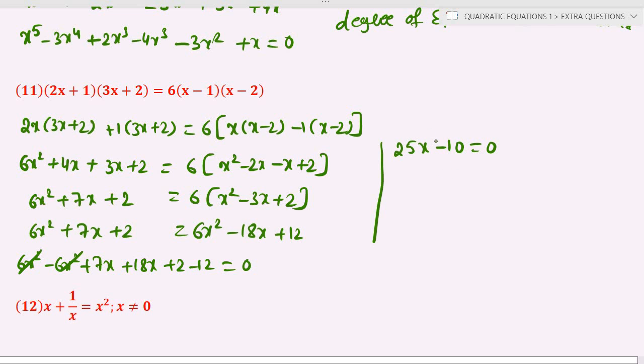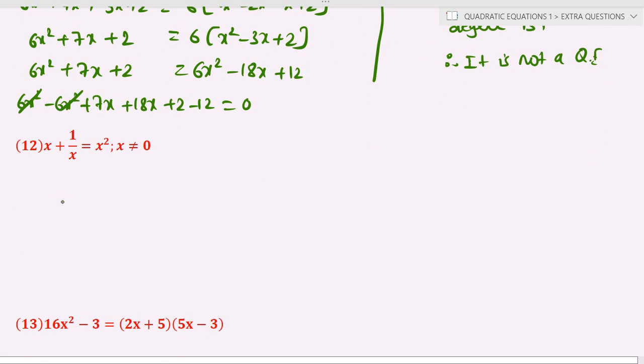As the highest power of x is 1, the degree is 1, therefore it is not a quadratic equation. In order to call an equation a quadratic equation, the degree should be 2. And you take the next equation: x + 1/x = x². What is the LCM on the left hand side?